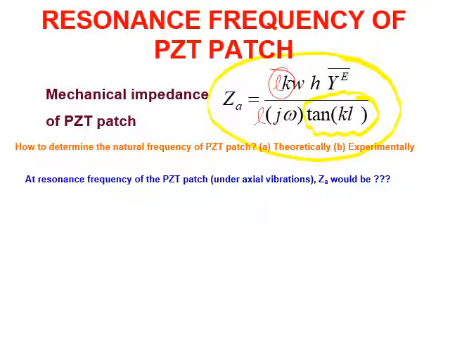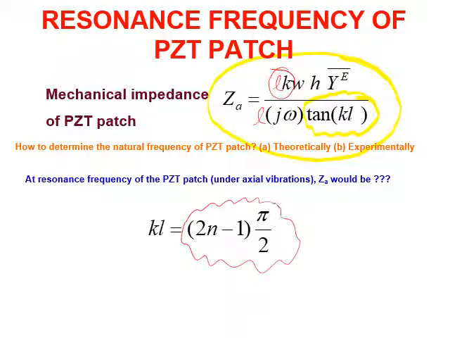Now this tan KL by KL tends to 1 at these values, when this is pi by 2 or its odd multiple, that is 270 degrees or 90 degrees.